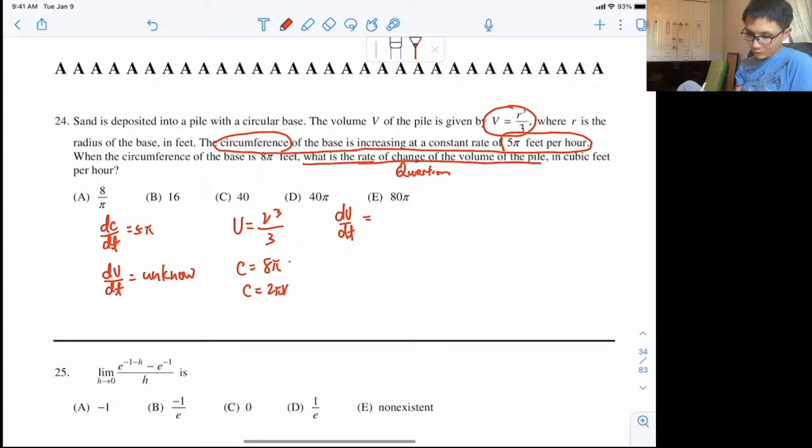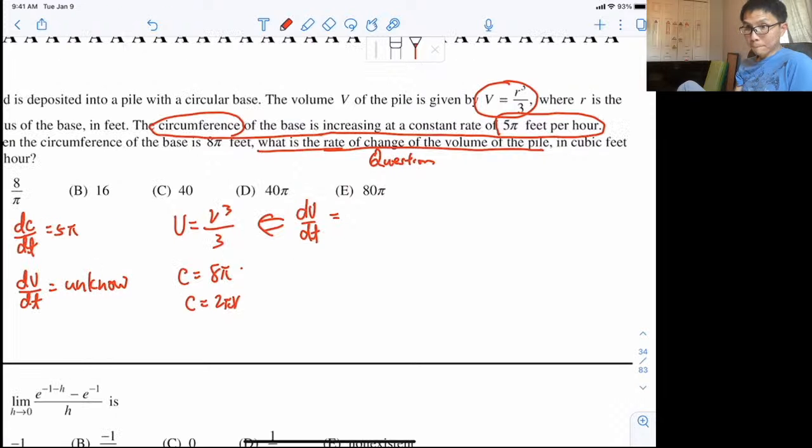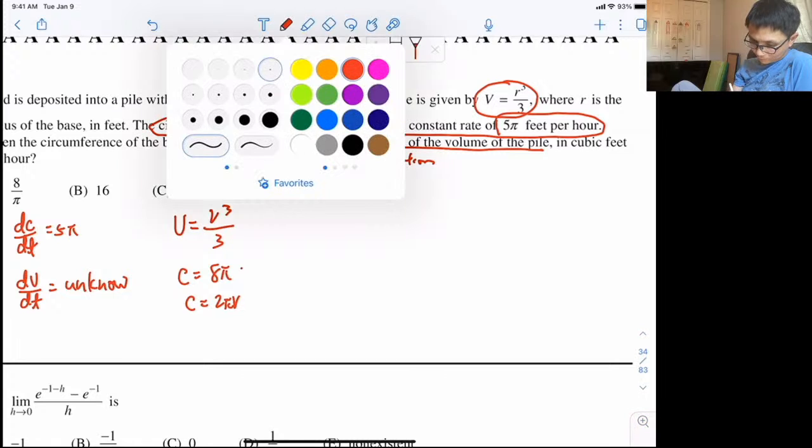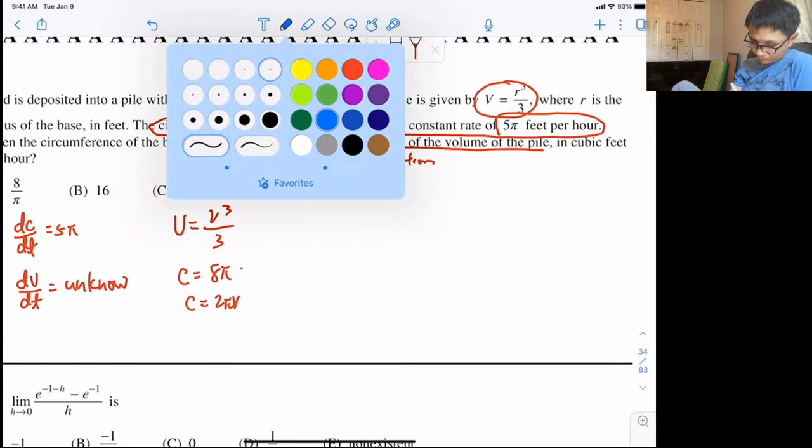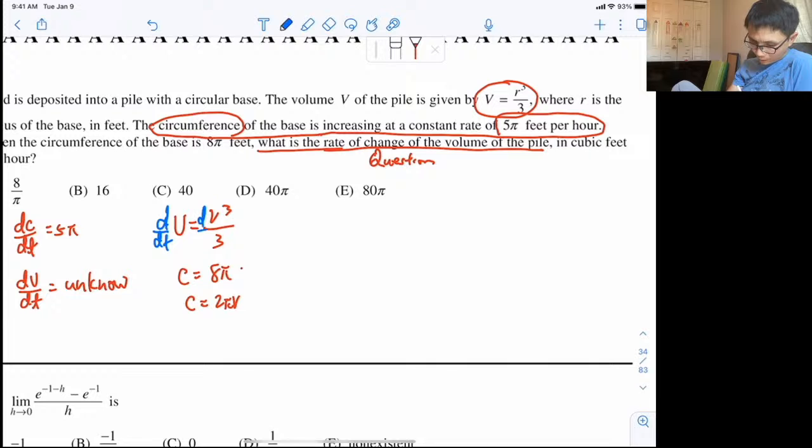Can somebody tell me what the derivative of r cubed over 3 is? You take d/dt here, and d/dt here.